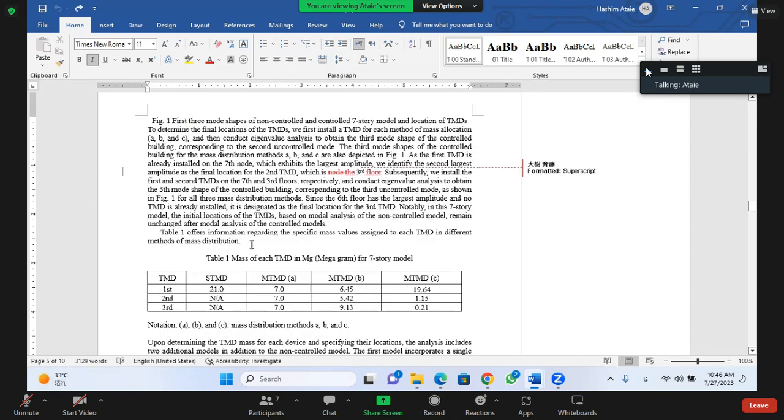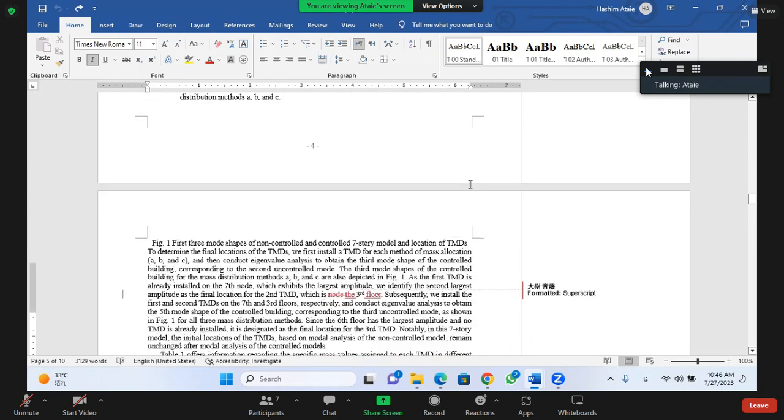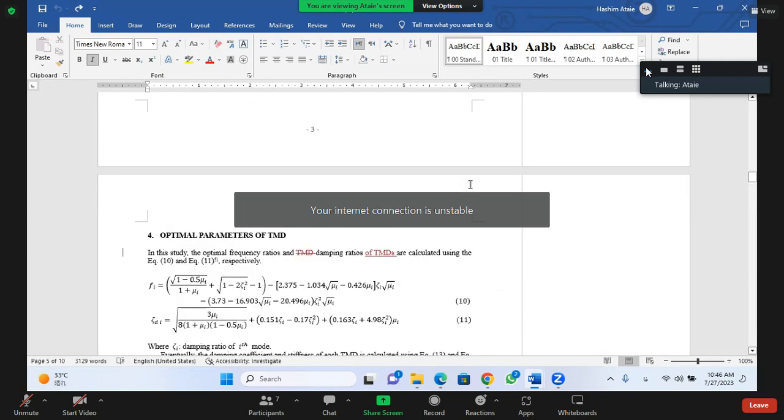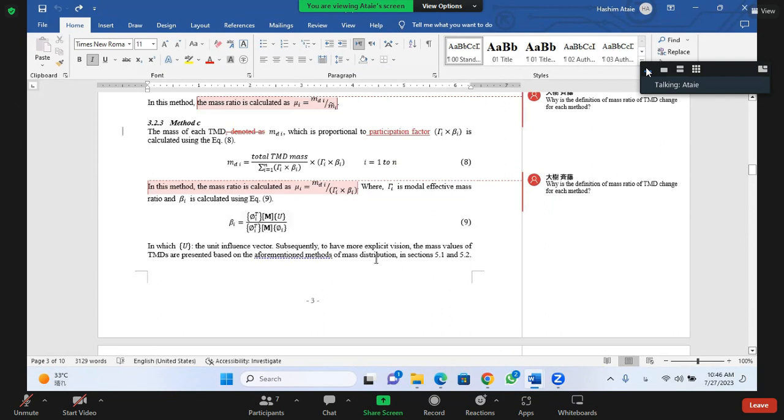And here table one offers information regarding the specific mass values assigned to each TMD and different methods of mass distribution. But you didn't mention how to decide this. I mentioned previously, since these are based on three methods, the table is calculated based on this. But you didn't mention anything about 3%.